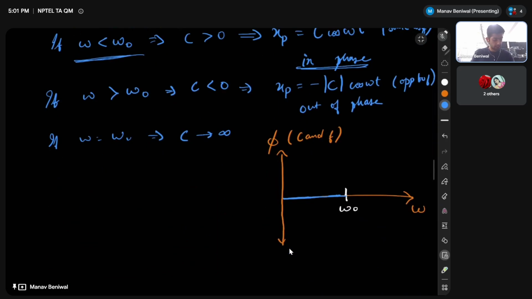And then there is a divergence up to infinity at this point. And after this, when omega is greater than omega naught, we get a minus sign, which is out of phase. So we get a phase difference of 180 degrees, or pi by 2. So after this, we get a phase difference of pi by 2.